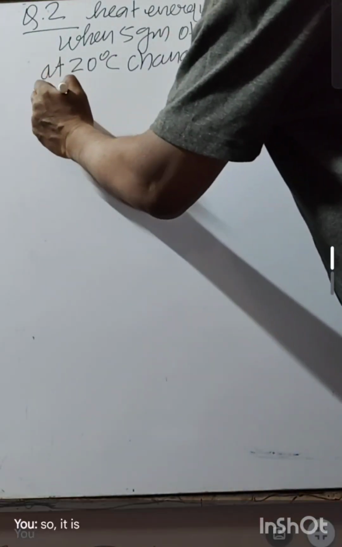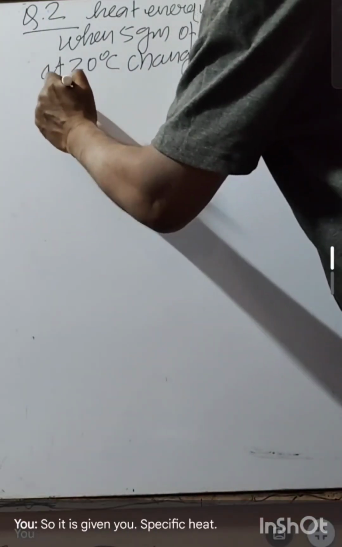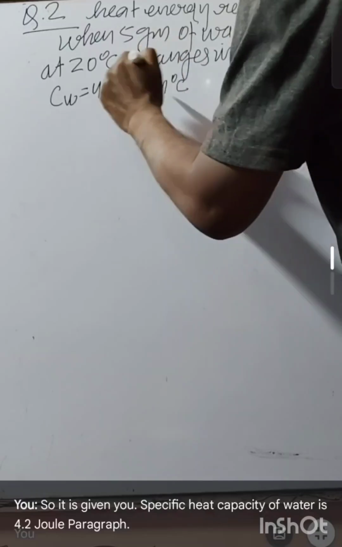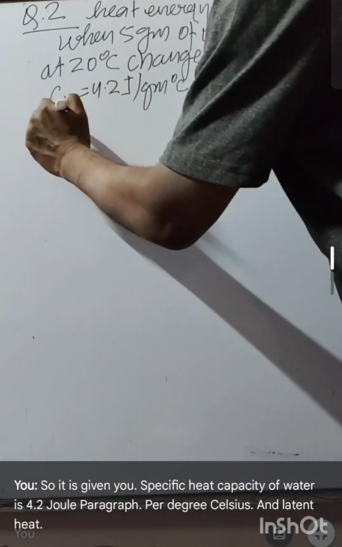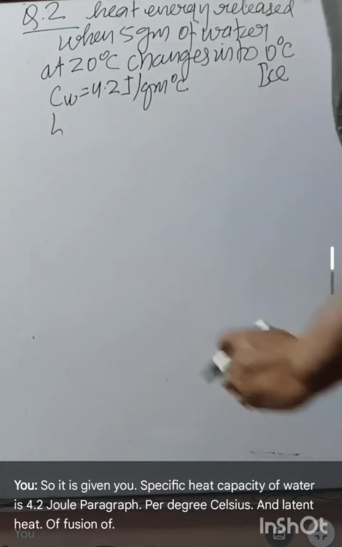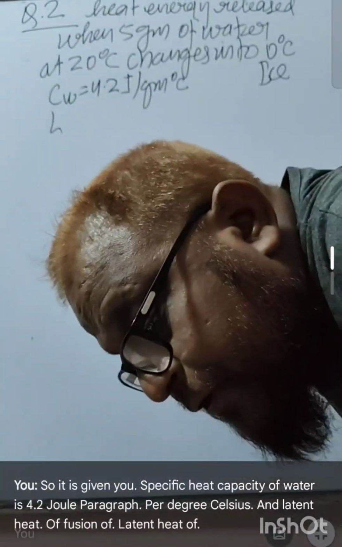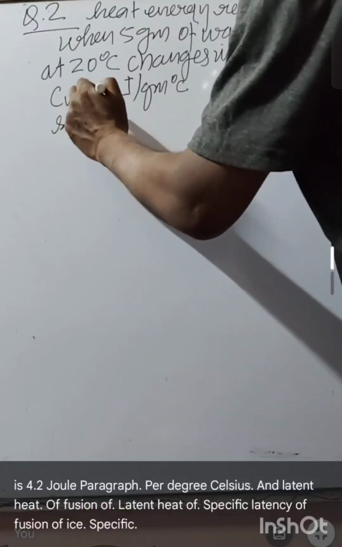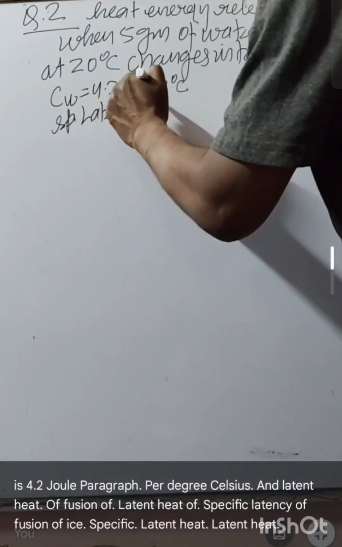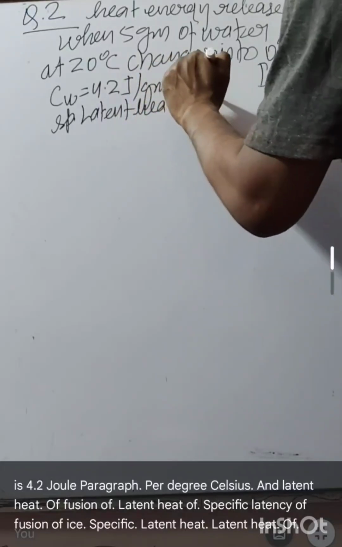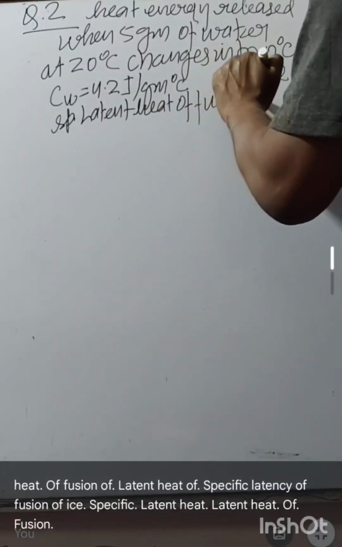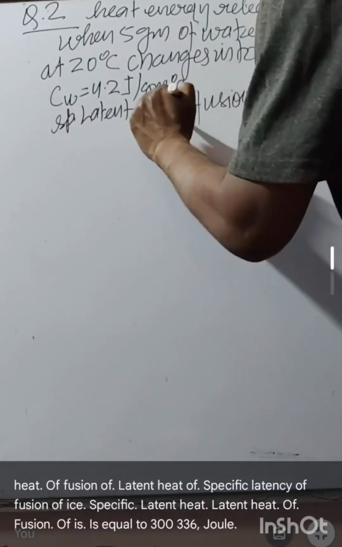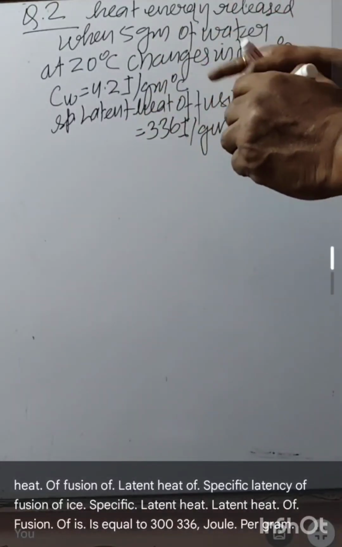So it is given to you, specific heat capacity of water is 4.2 joule per gram per degree Celsius, and specific latent heat of fusion of ice is equal to 336 joule per gram. Do you get this?